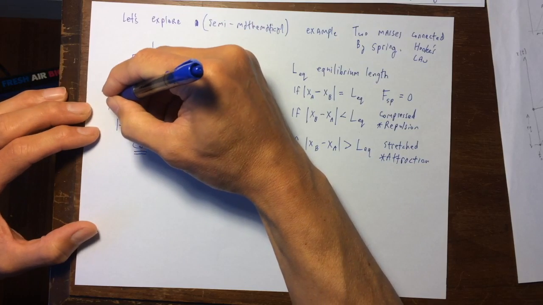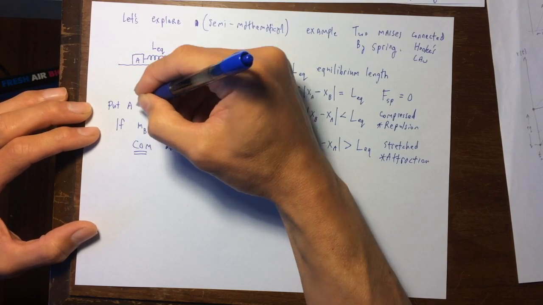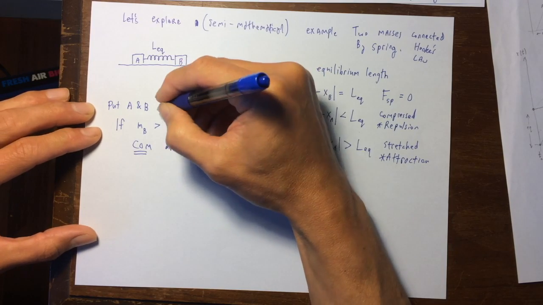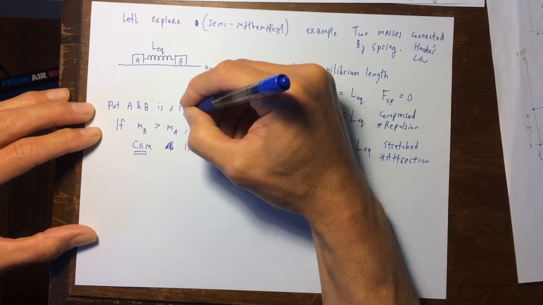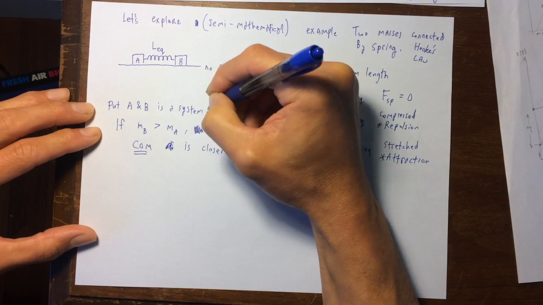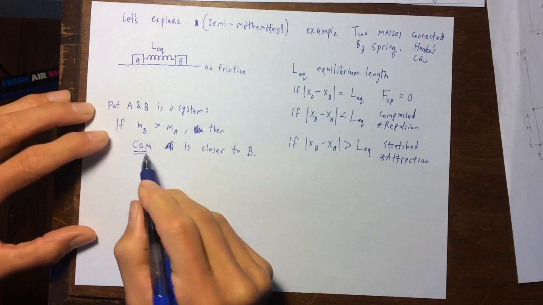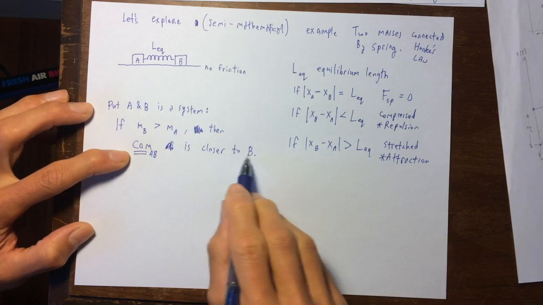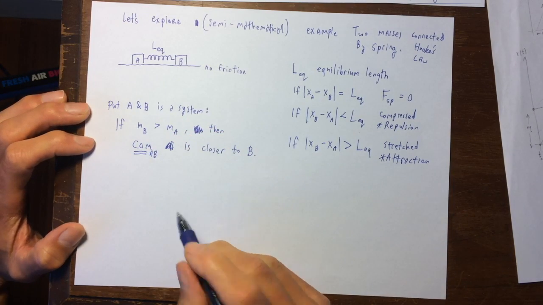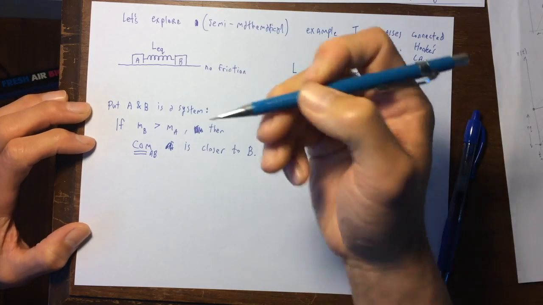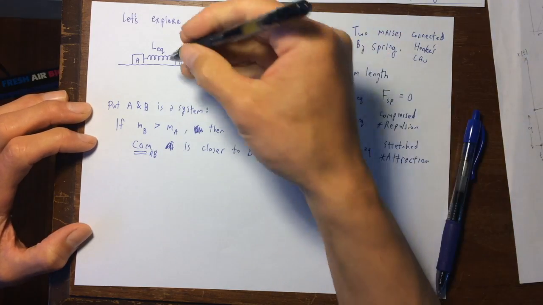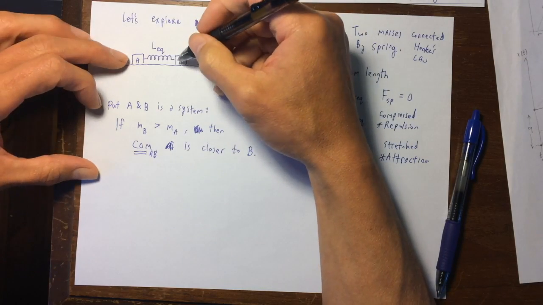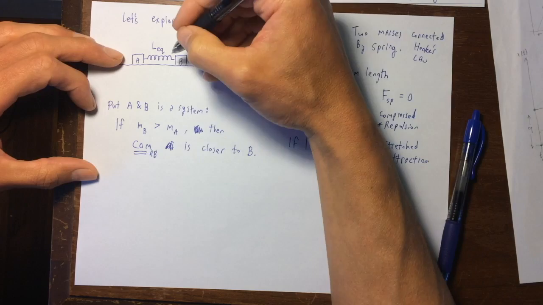So let's put A and B in a system, and then the center of mass of A and B is closer to the object B. So let's pretend that we know how to calculate the center of mass, or I'll describe how you make a measurement of it.